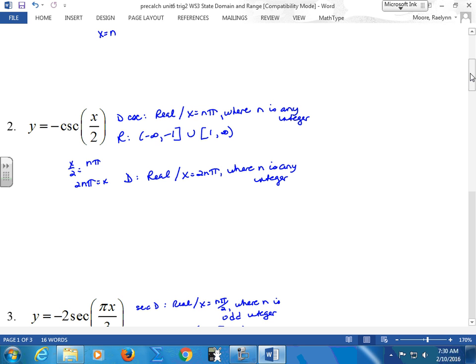And so then the domain will be real except where x is equal to 2n pi, because you're keeping this one, that's why we have this 2 in here. It just works out that way. So you're still keeping all the even ones like we did yesterday, the 0, the 2 pi, the 4 pi. It still works the same. Your range is still 1. We didn't change your amplitude. Good. Stop me if you have any questions.